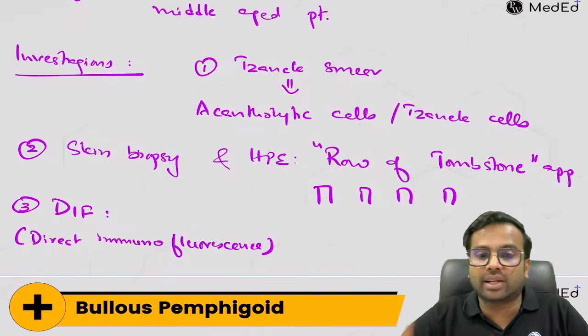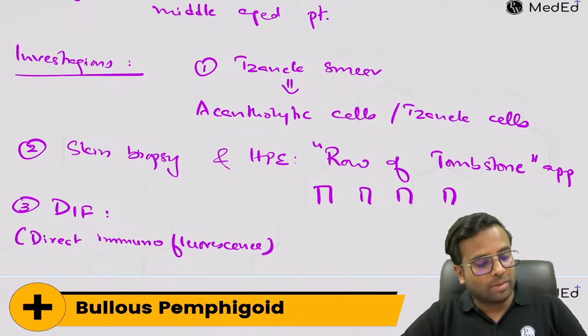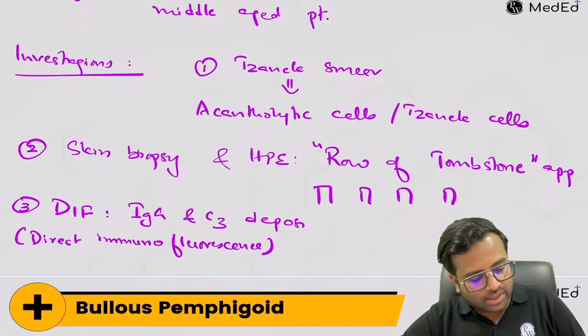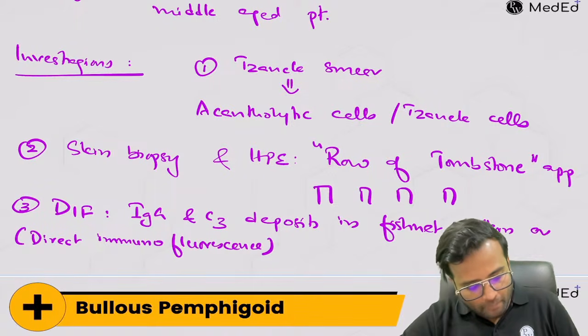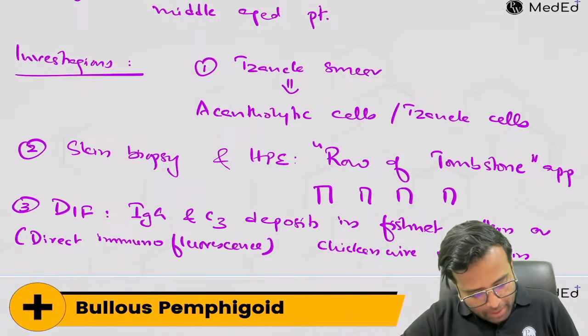And this finding, the result, if you write it down for your exam, sure shot you're going to get marks for that, because here you get IgG and C3 deposits in a fishnet pattern or a chicken wire pattern in the epidermis.